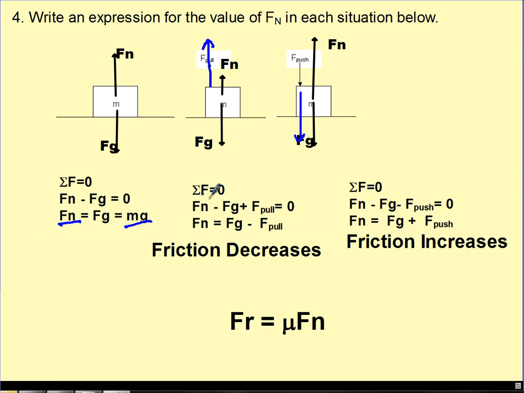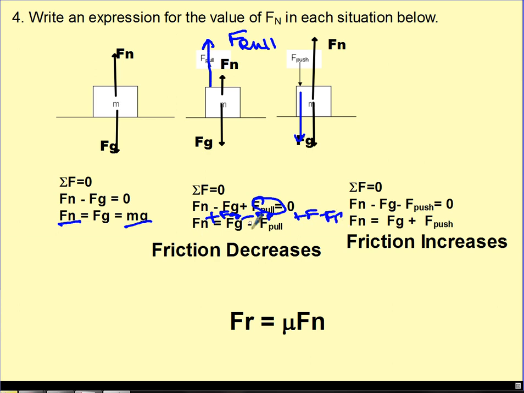Now in this case, I'm going to sum the forces and it equals 0. But what do I have going up? I have Fn going up, and then I have this pull. And I'll never write it out like this again. F pull is going up as well, and that has to equal 0. So when I solve for the normal force, I have to add Fg and subtract F pull from both sides.